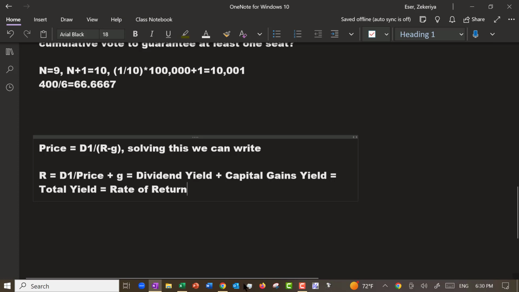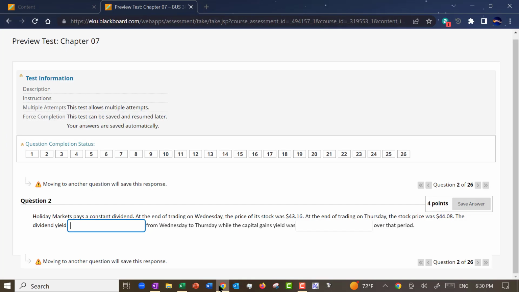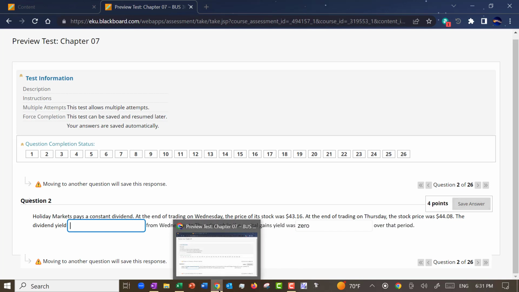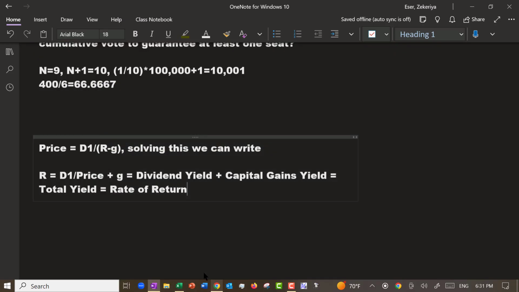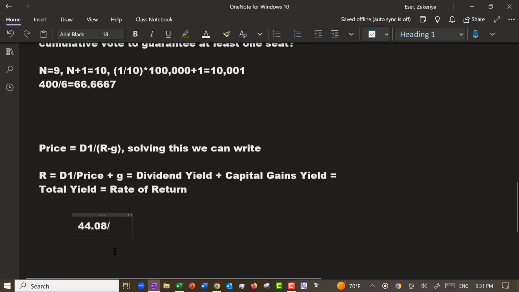Now, in this problem, it pays a constant dividend, so capital gains yield was 0, or you can type 0. And dividend yield is going to be the total yield. So 4408, 4316.